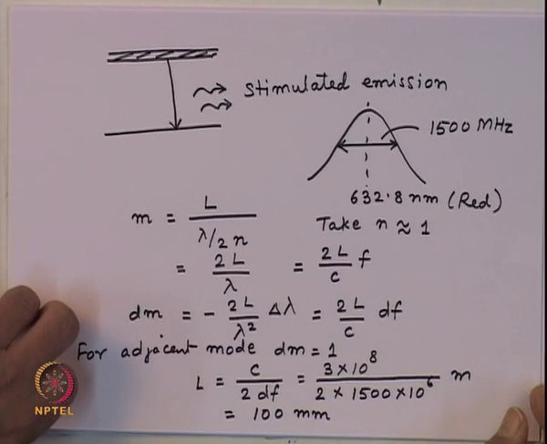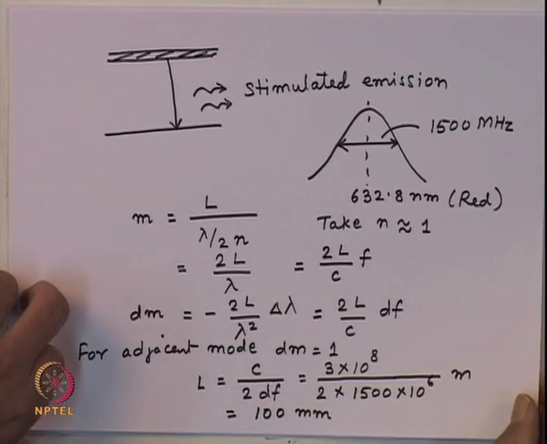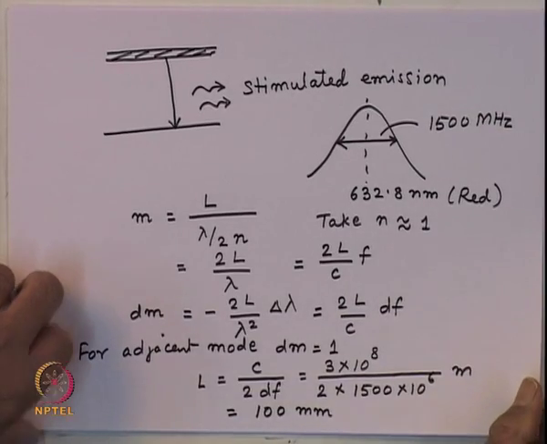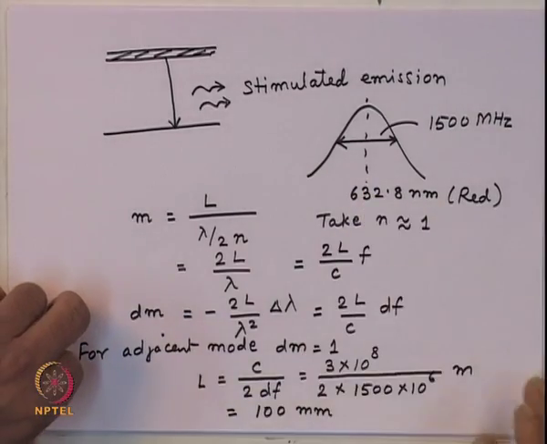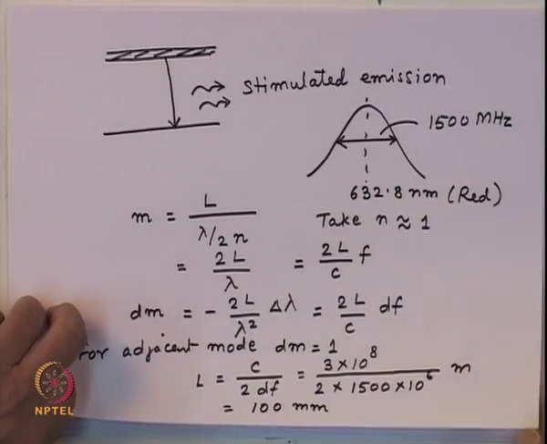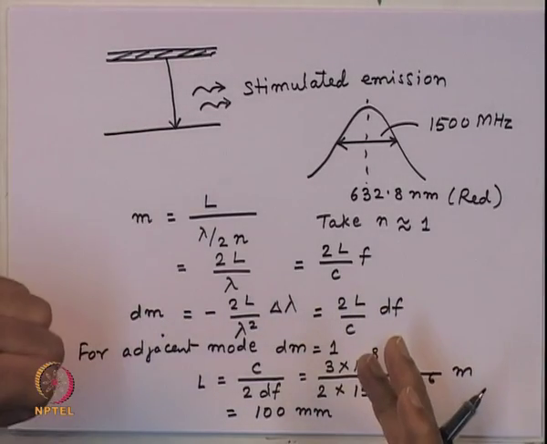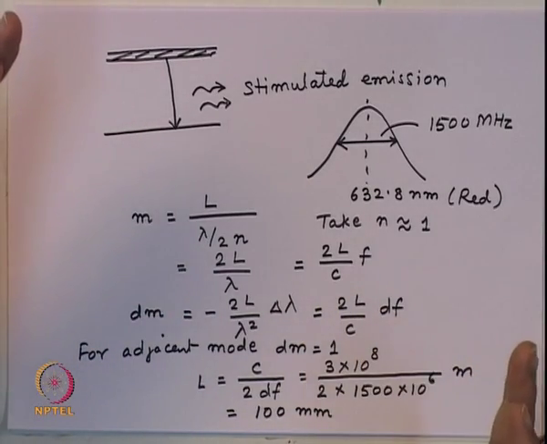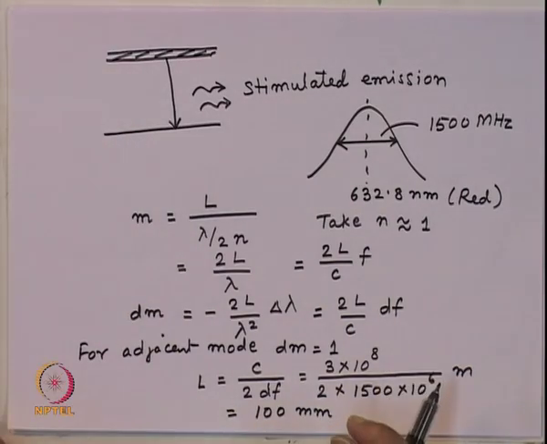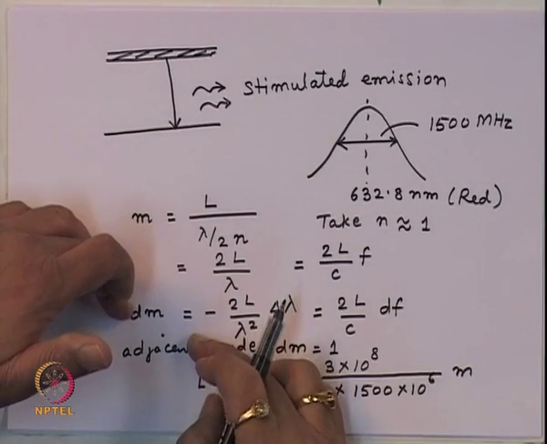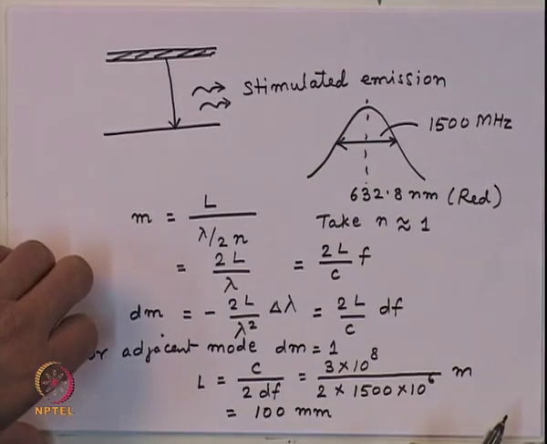What should be the length of the tube to get a single mode longitudinal oscillation inside the cavity? The second problem is that if you wanted to have a certain stability for the frequency emitted by the laser, then the length of the tube should not change as a function of temperature, because due to the expansion coefficient, the size of the tube is going to change, and when the size of the tube changes, the resonant frequency changes, and because of that the frequency of the laser changes.